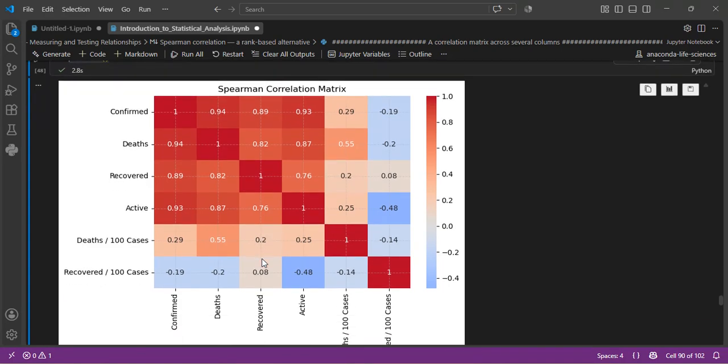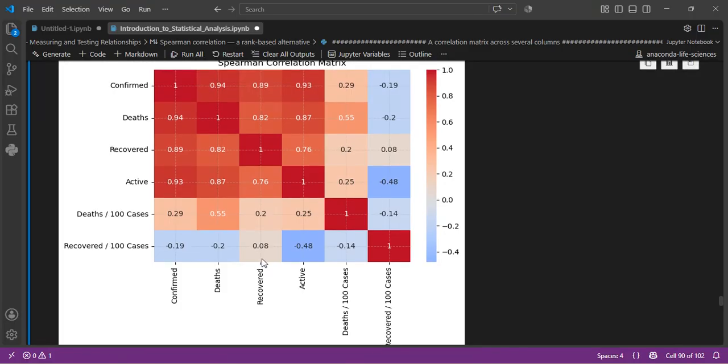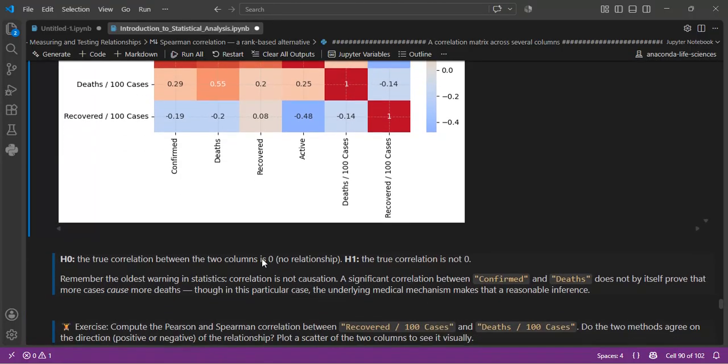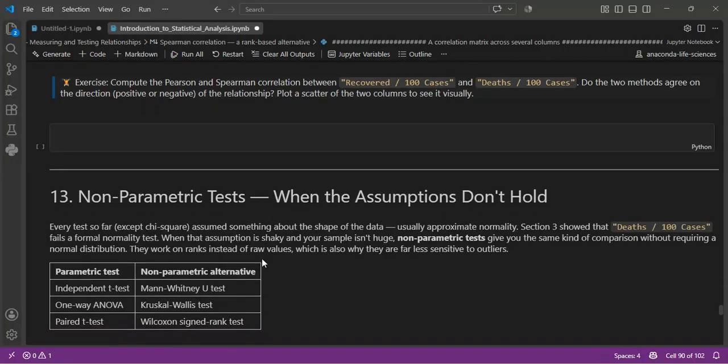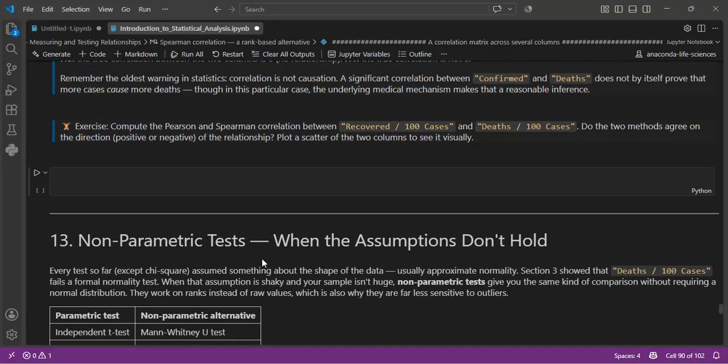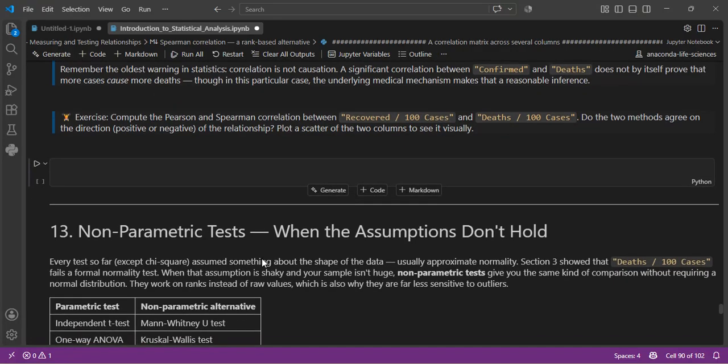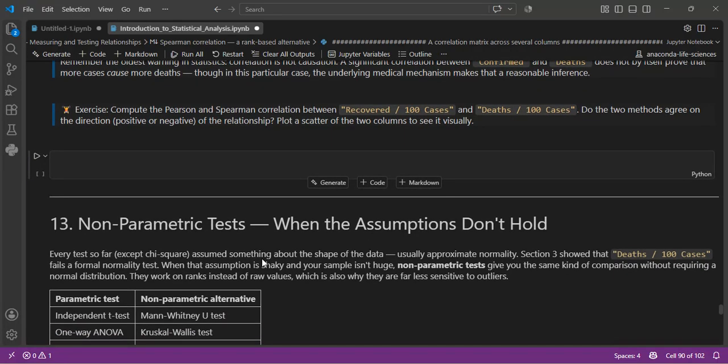In that case, we assume that there is normality. Usually we are working with the assumption of normality. That's why initially we were trying to figure out whether the data that we have assumes a normal distribution.